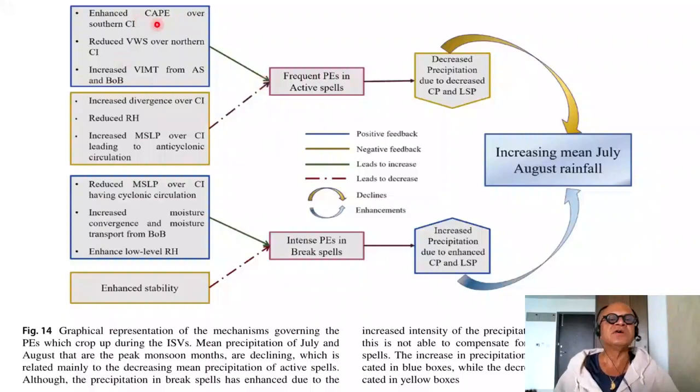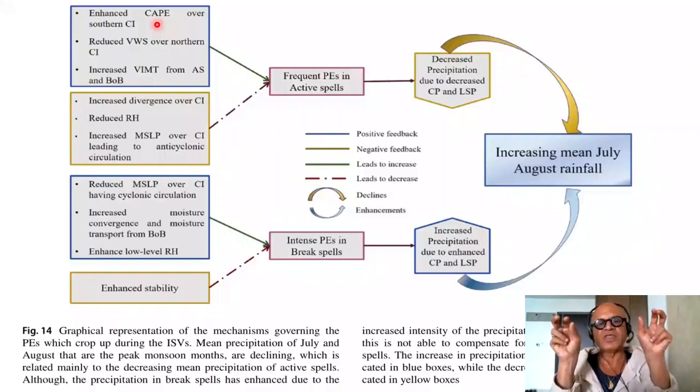So enhanced convectively available potential energy over the southern central India. This is CAPE, just briefly, basically buoyancy. If you take the temperature of an air parcel and compare it with its surrounding environment, then it's buoyant, so it keeps rising till it reaches its equilibrium level.